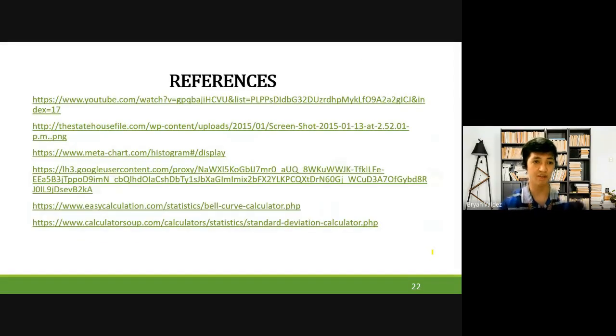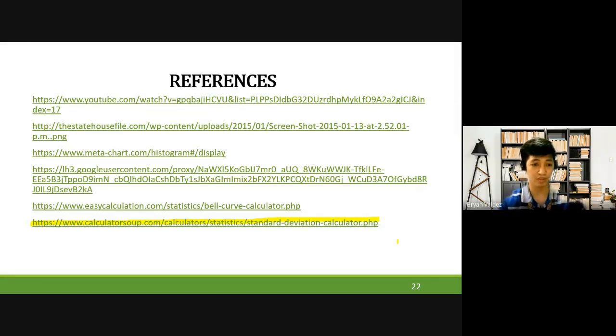So these are my references. By the way, yung sinasabi ko sa inyo kanina na calculator for solving the mean and standard deviation is this. Ayan. So puntahan niyo yung website na yan and then ida-direct kayo niyan dun sa calculator ng standard deviation.